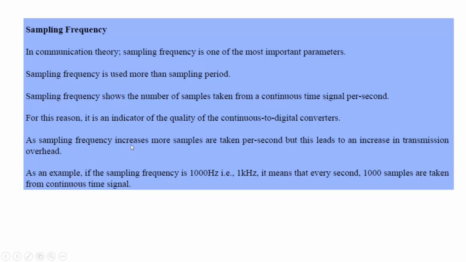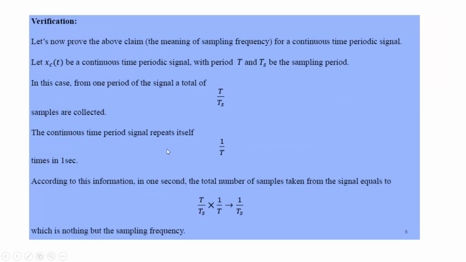Now we know that if the sampling frequency given is 1000 hertz, that means 1000 samples are collected per second. That's the meaning of sampling frequency. And this is important because if Ts is the sampling period and capital T is the period of the sine wave, we want to know how many samples are present in this period.